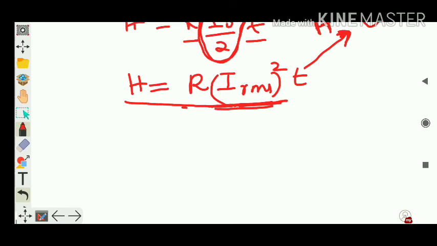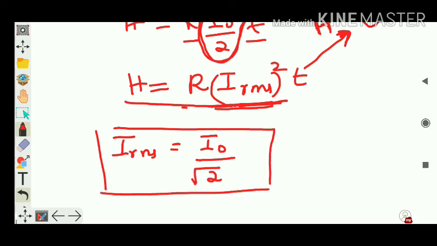So IRMS is equal to I naught by root 2. This is what you get when you are comparing AC and DC. I hope you understand.